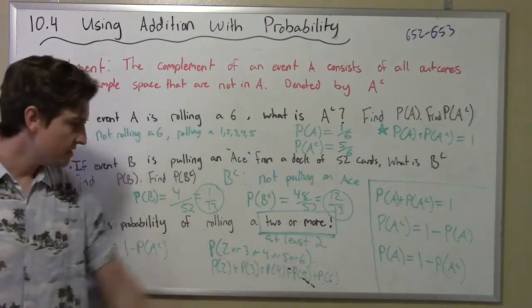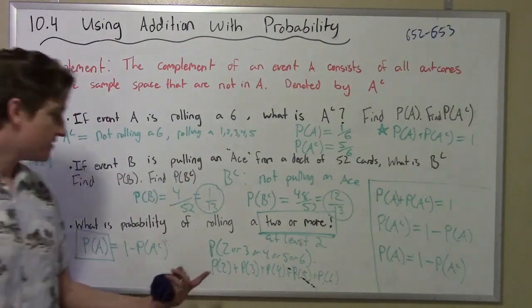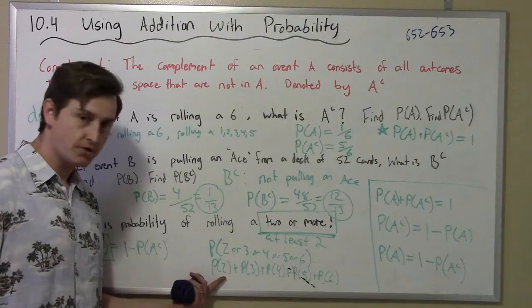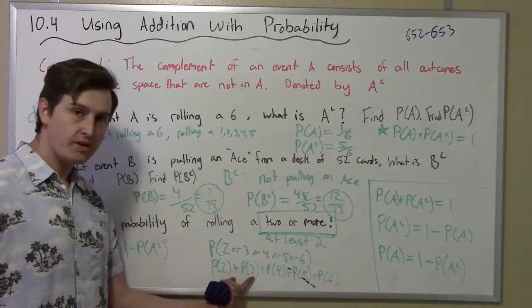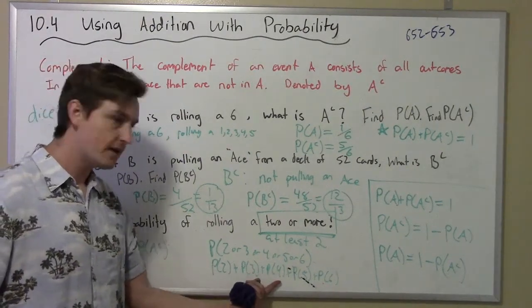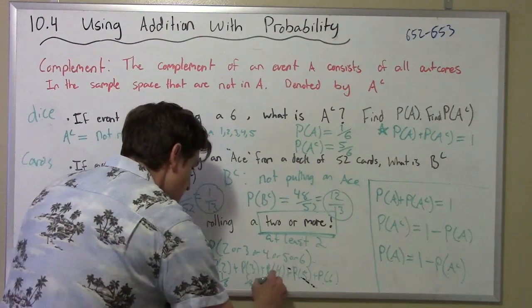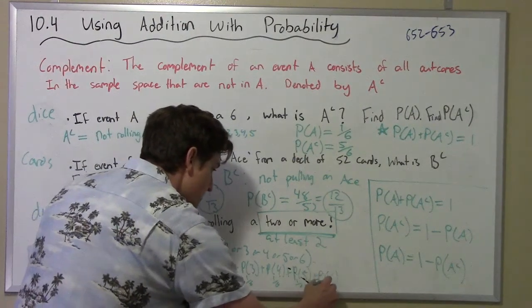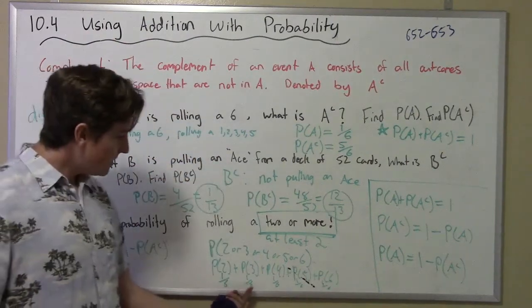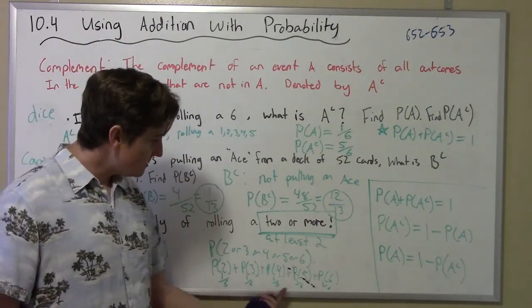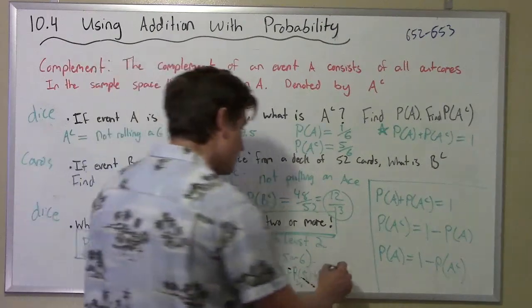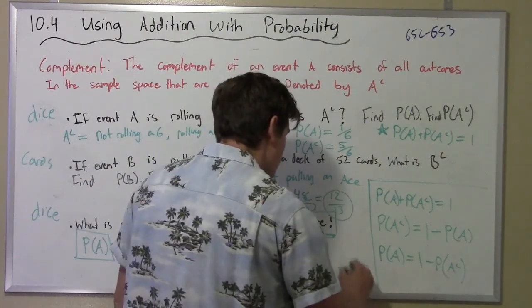For each one of these, there's one way out of 6 for it to happen. So each one of these is 1/6, 1/6, 1/6, 1/6, 1/6. All those together is 5/6.